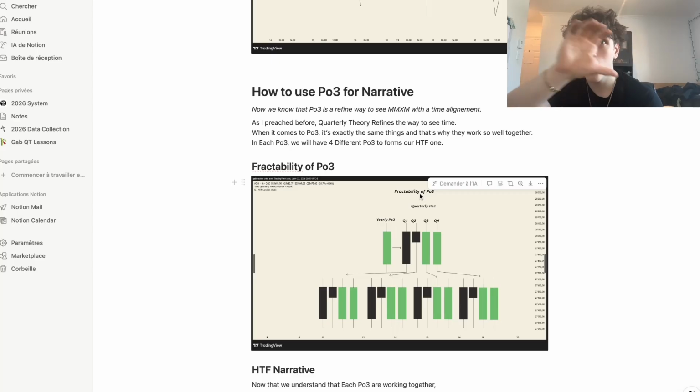Meaning, if all your 5 power of 3s are bullish, when you're going down into lower time frames, obviously you're trading on the 5 minute, 1 minute, whatever, 15 second, you will not refer to the yearly power of 3. But you will surely have conviction on your daily power of 3, because you know the weekly, monthly, quarterly, and yearly are bullish, meaning, after manipulation for your weekly power of 3, we would expect your daily power of 3 to expand higher.